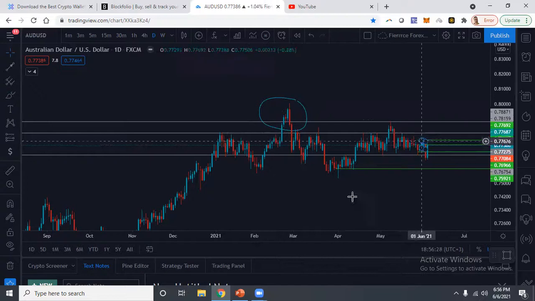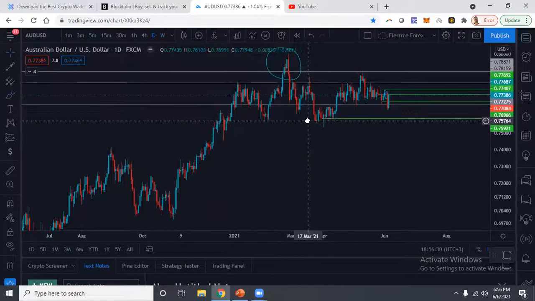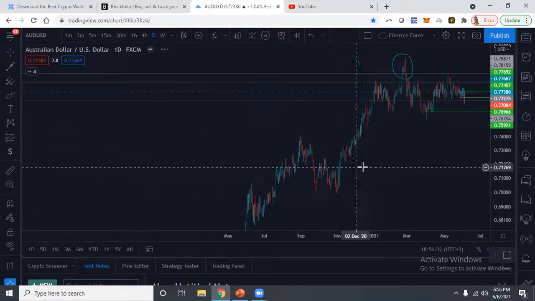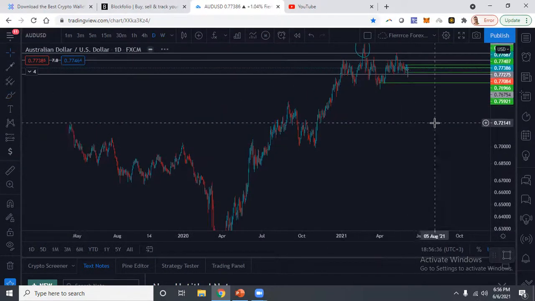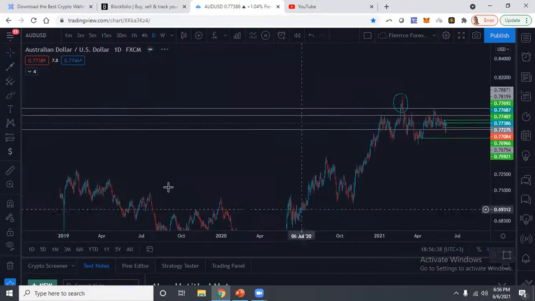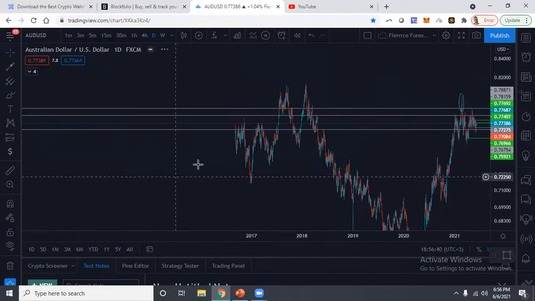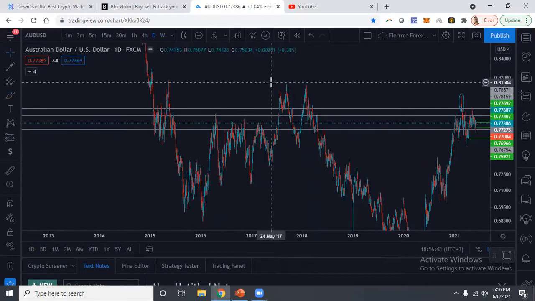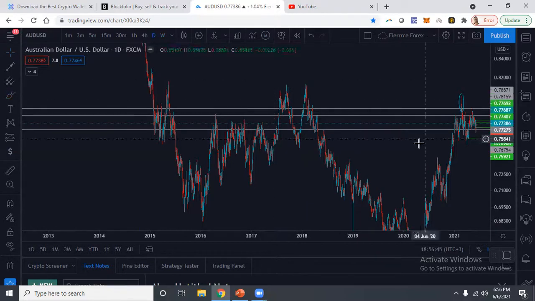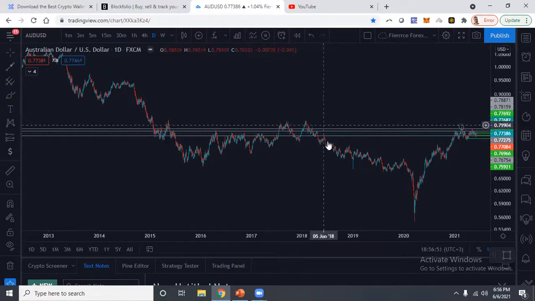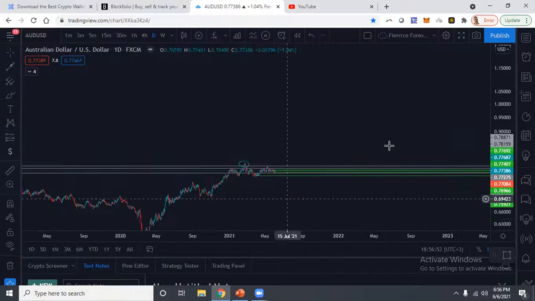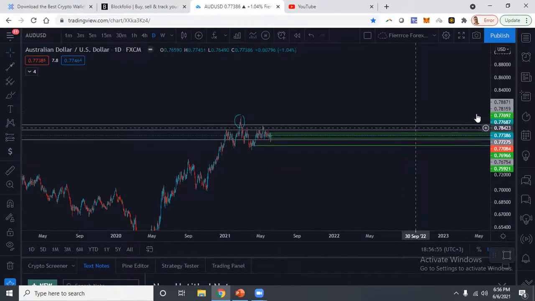But we are in this sideways space. Definitely we are still buying. AUD USD is still buying. Let's just look left. You can see there are higher highs on this other end. So possibly we may be trying to get to these levels, but closer, maybe this week. Let me just see.